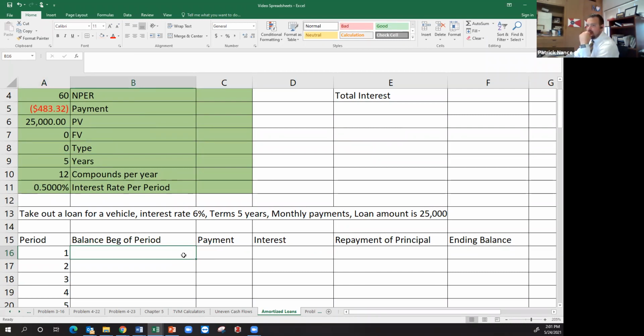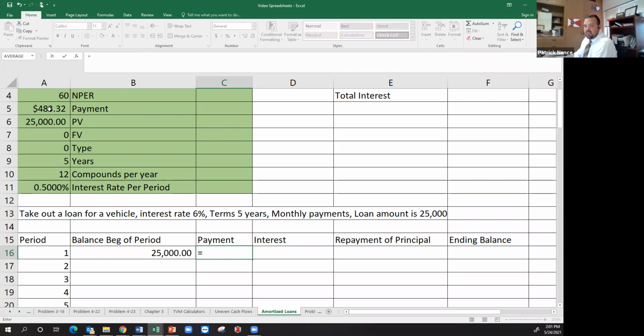Now, how a loan works is that every time you make a payment, they multiply the interest rate times the balance, and that gives you how much of that payment is interest, and the remainder is principal. First thing, I'm going to make this a positive number, so I don't have to worry about dealing with negatives so much, but 483.32 is my payment. My balance at the beginning of this period is 25,000 because I've not made a payment yet.